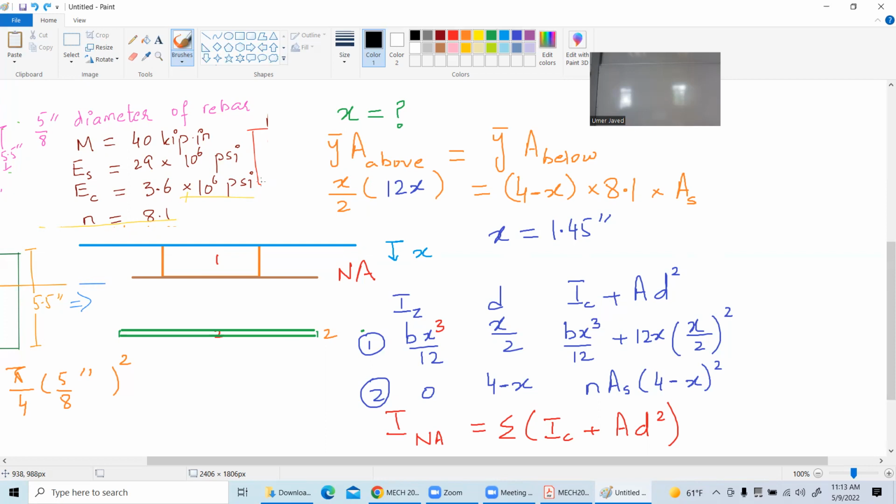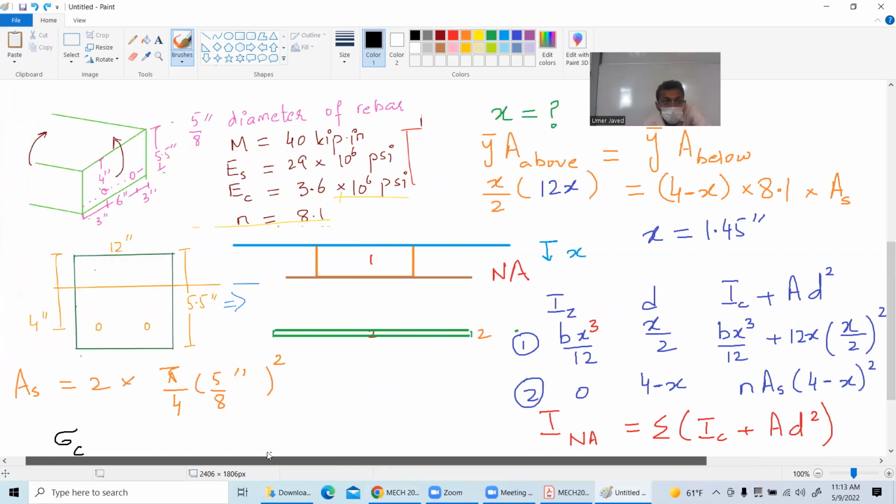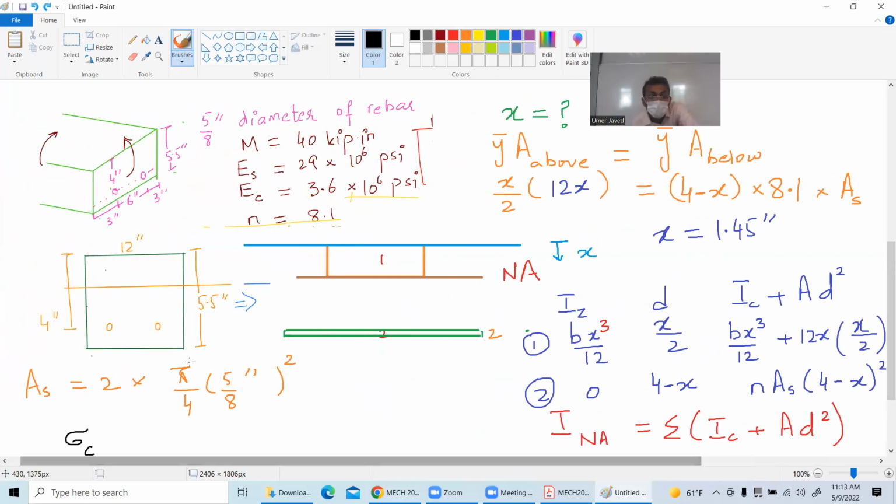This 12x is the area above, right? It's the same area. So it is 12 multiplied by x, this area.